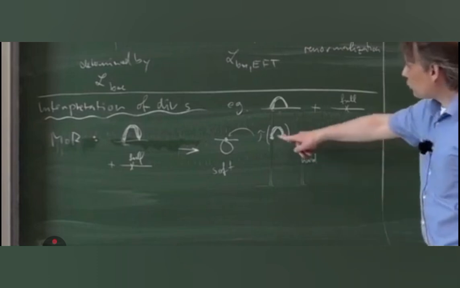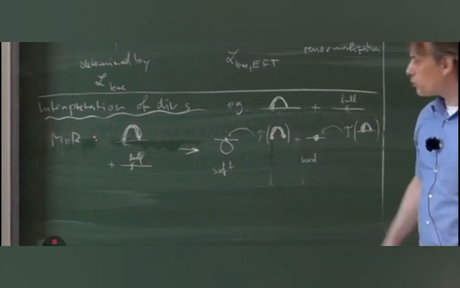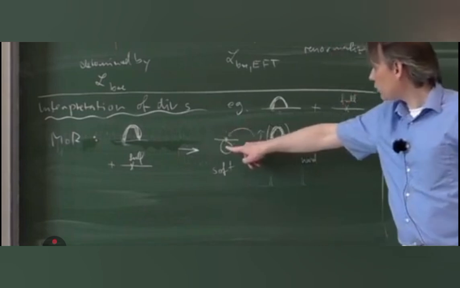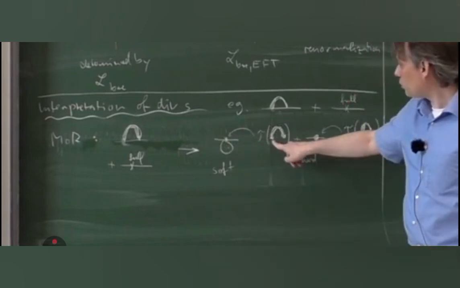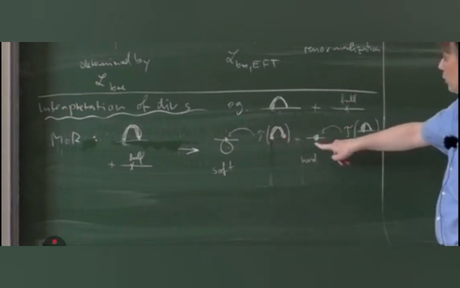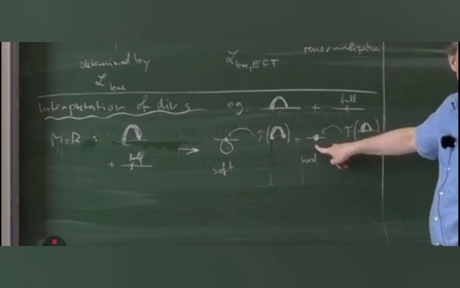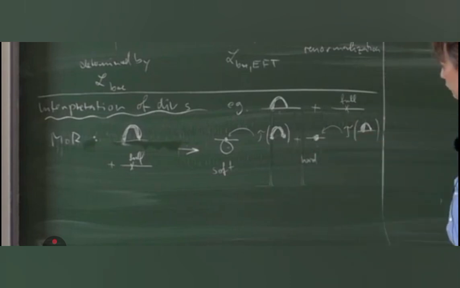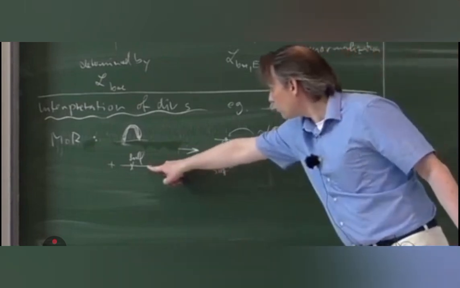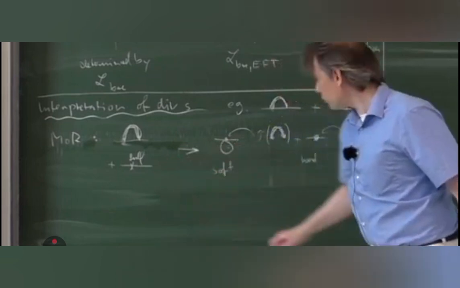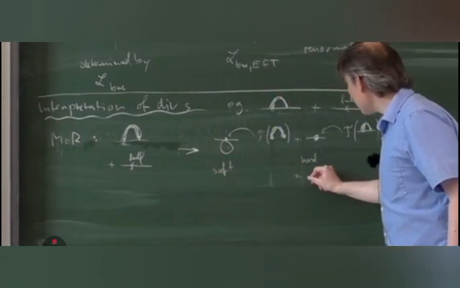So this is what happens with the method of regions to the loop. We get a one loop diagram in the EFT with a vertex and yet another vertex, which is a bilinear vertex. And then this diagram doesn't do anything with method of regions, so we add just plus the full theory counter term. Then we have an equality.